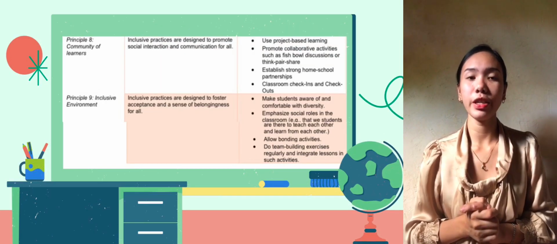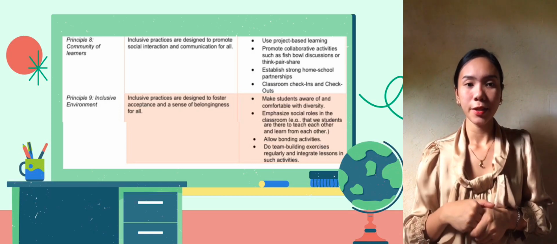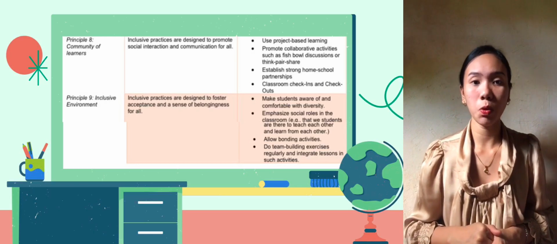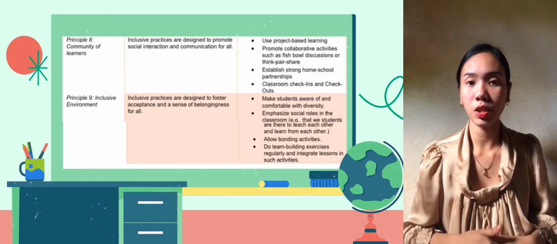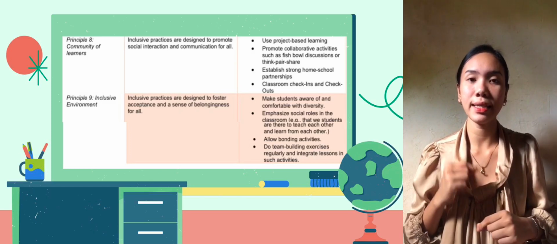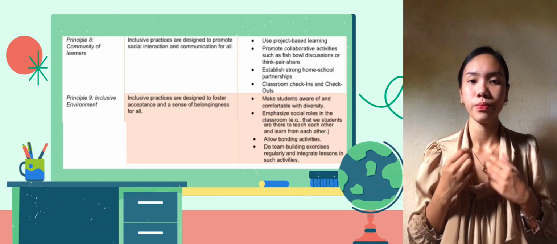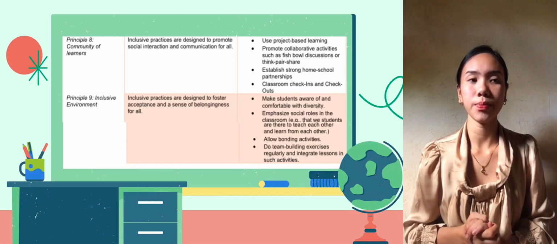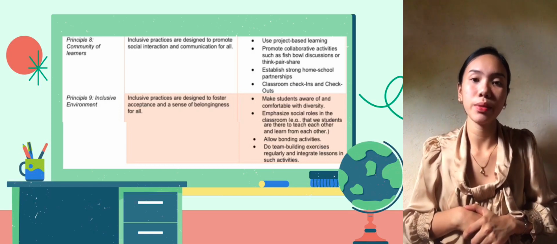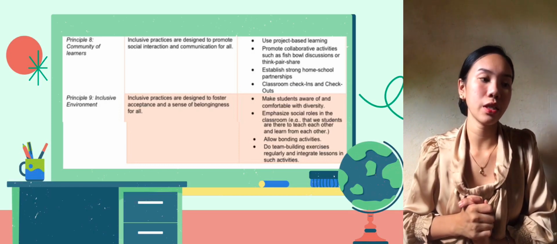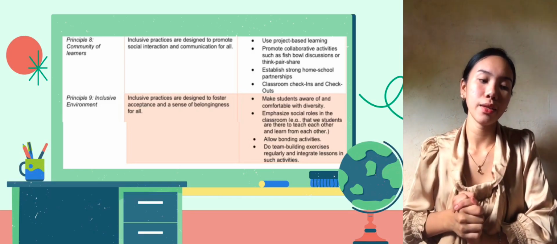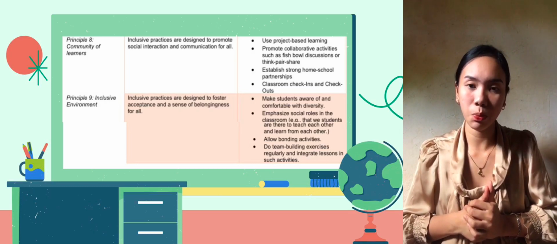So we have here our principle number 8, which is community of learners. Inclusive practices of these are designed to promote social interaction and communication for all. As it's stated here, socializing, communicating, not just student to student, teacher to student, but for all. So number 1, use project-based learning. You let them group themselves, and then they will have teamwork for their project.